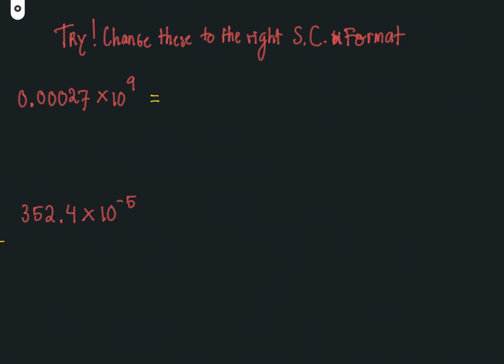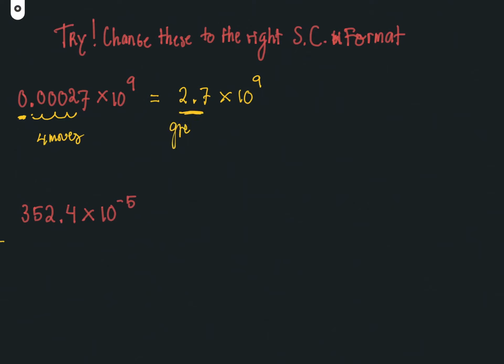Now we're going to try to write this in the right format. Again, it's wrong because of the 0 digit before the decimal. So I'm going to move the decimal 1, 2, 3, 4 moves. Now the decimal is located behind 2. So it's going to be 2.7 times 10 to the power of 9. Oops, but it cannot be 9 because we changed this part of the number into 2.7.